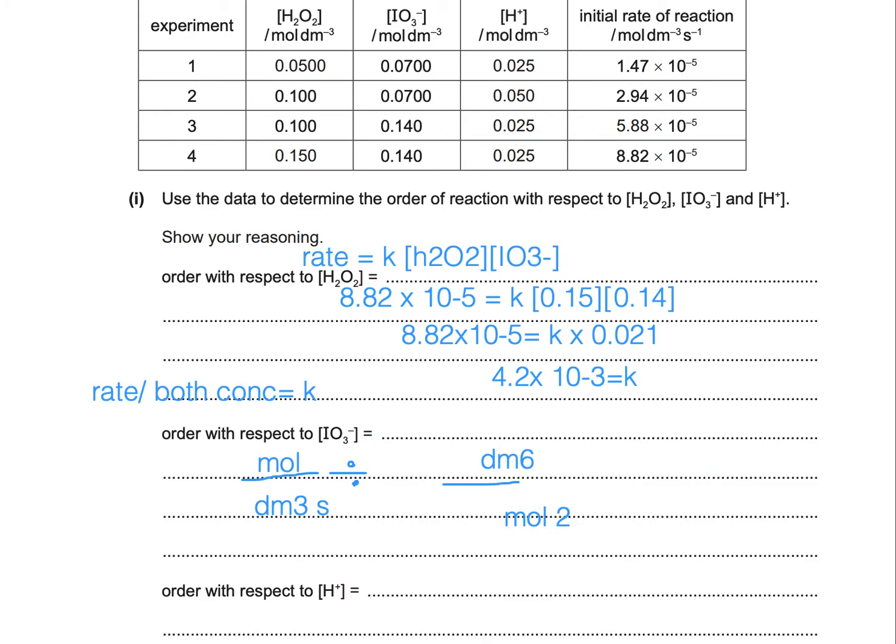Now it's a multiplication sign, so we can cancel. Mole is cancelled by one of the moles, so 1 mole is left over here, and dm cube is cancelled by dm cube as well, so dm cube is left over here, and over here 1 second is left.